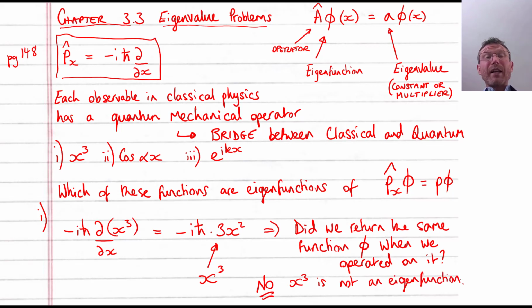Okay, let's take a look now at the second case, cosine alpha x. We might start looking at this and think, oh wow, chapter 2 was all about these oscillatory functions. It looks good. Maybe we're being set up to think that this is a solution. Let's have a look. So question number 2 is cosine alpha x. Is that an eigenfunction?